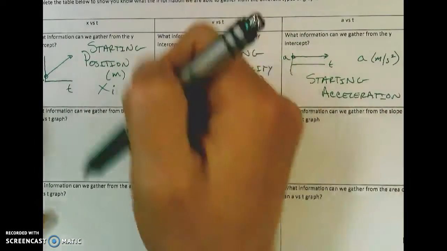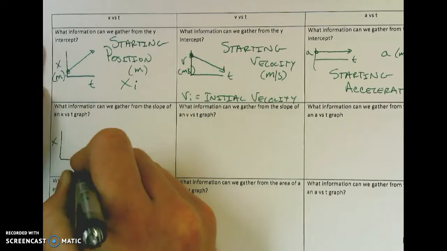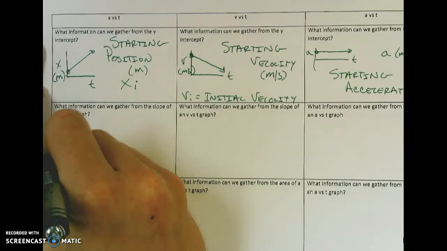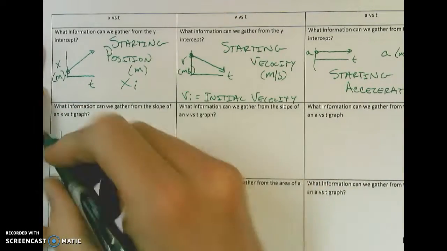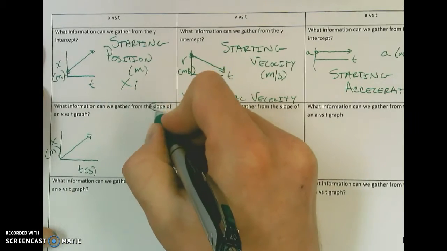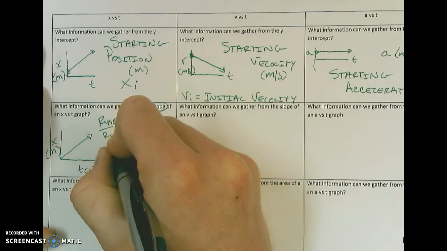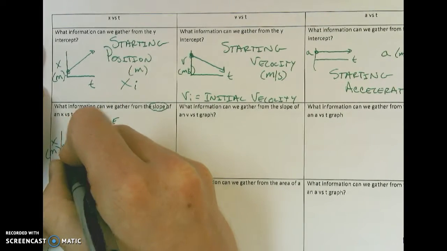Now I want to go back to the position versus time graph and take a look at this. Okay, because again, when we look at position versus time, and if I look for what the slope means, position's in meters, time is in seconds again. So position versus time, if I look for the slope, I know it's the rise over the run, and if I'm looking at rise over run, that's going to be meters over seconds.